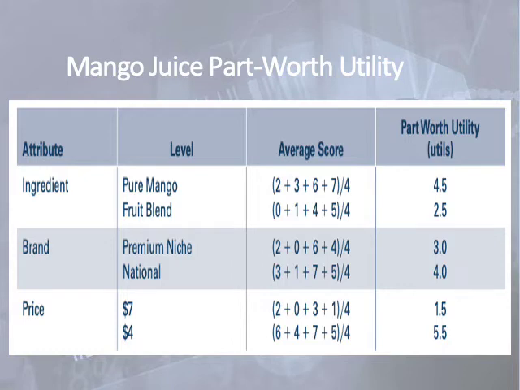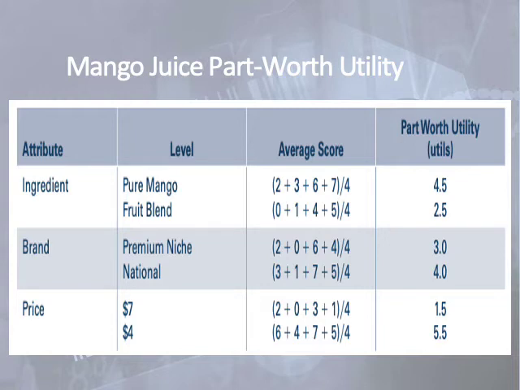So from ranking to scoring, you will then compute the part worth utility that your consumers give to your mango juice. To find the part worth utility, we use the scores assigned by the participants. We use those scores from the scoring to evaluate the part worth utility functions of these participants.